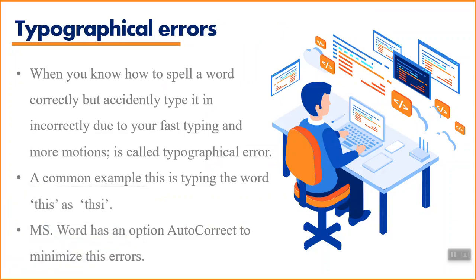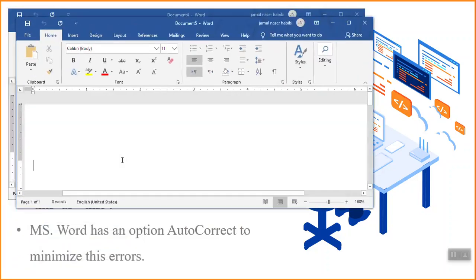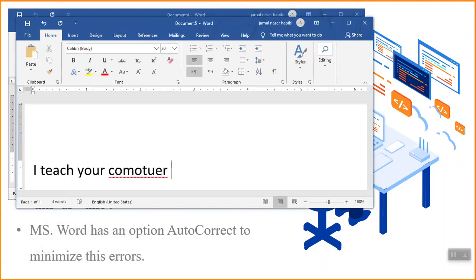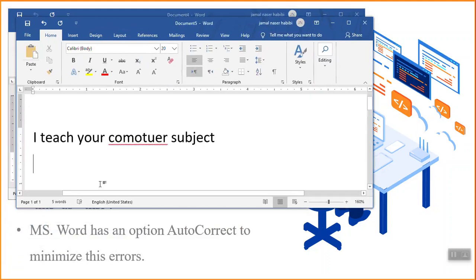Example: I'm writing something inside Word so fast. I teach you computer subject. You see that here computer is messed up. That's because of my typing speed and none of my attention inside my typing.